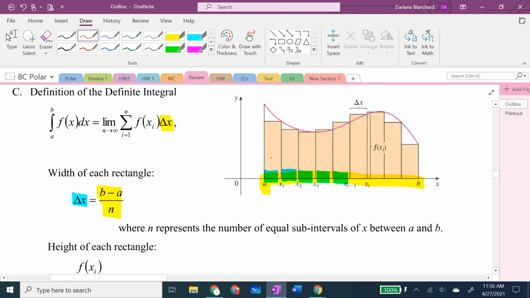Am I working with rectangle number 1, number 2, number 3, number 4, so on? That variable is often i, but sometimes they use k. The n variable is how many pieces it's cut up into, and that's the variable of the limit, and it is a separate variable.